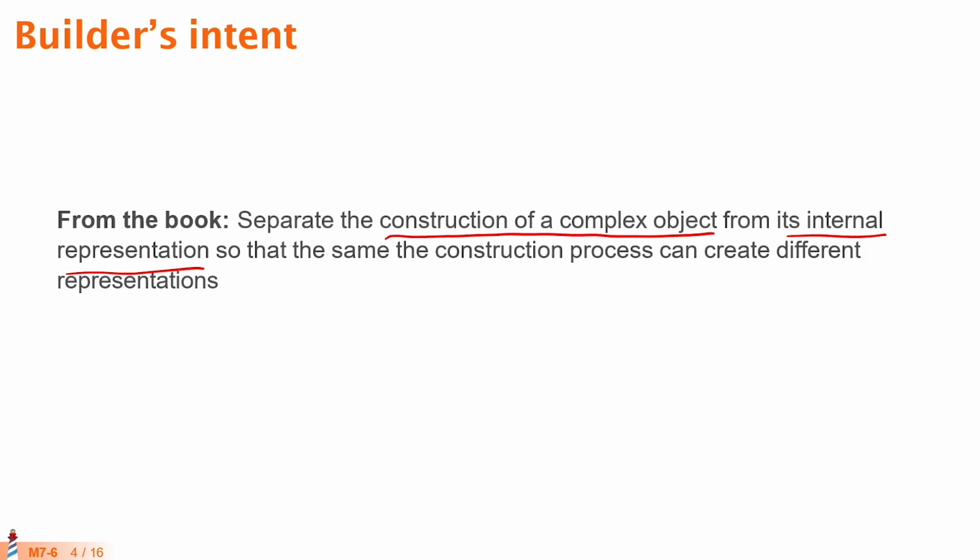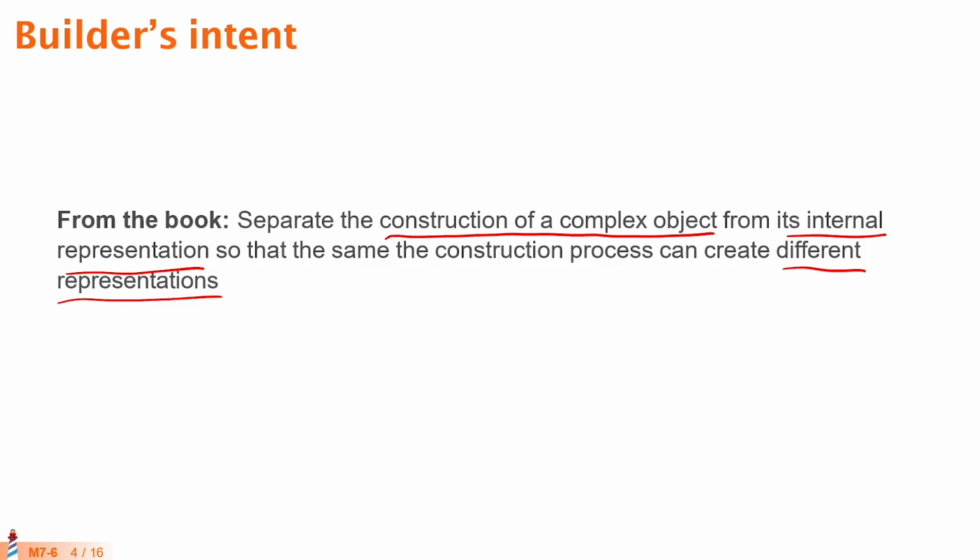And we can have different representations with it. For example, using the same builder API, we can expose two different representations of the same objects, or two different representations of objects to do the same task. For the user, this will be all transparent.